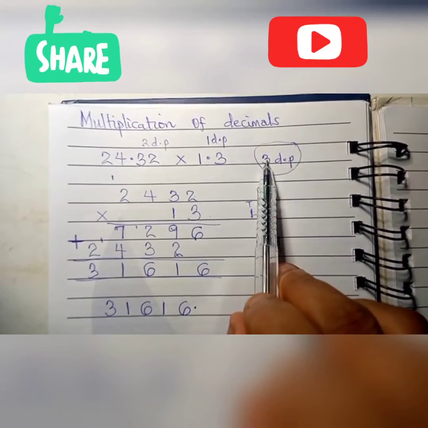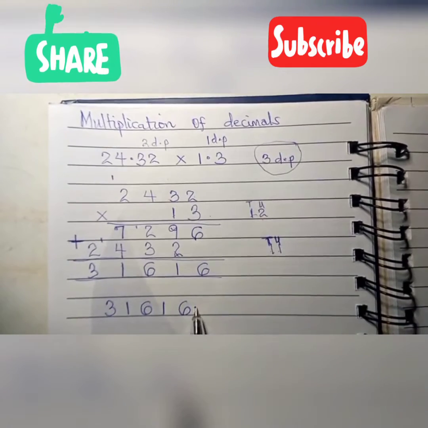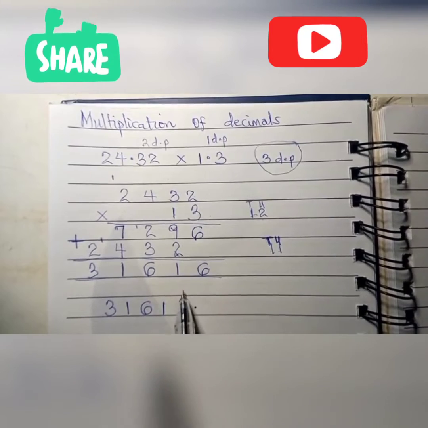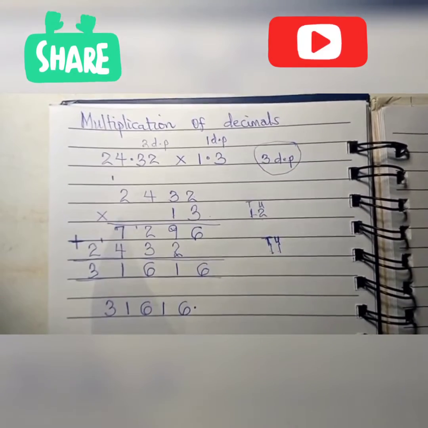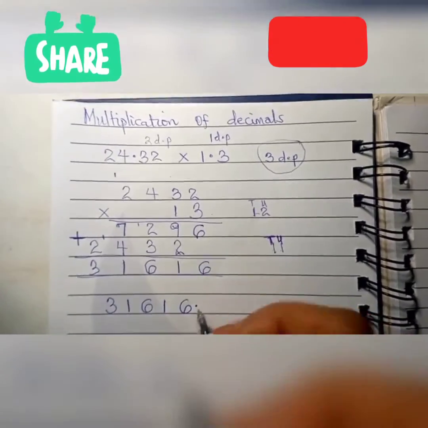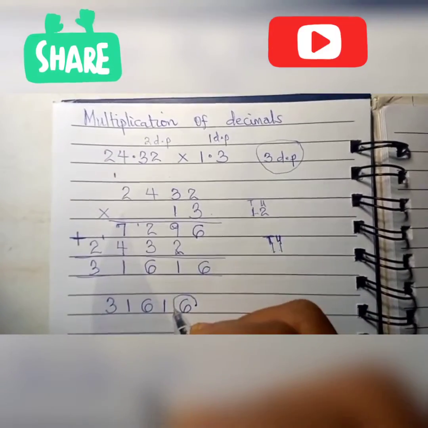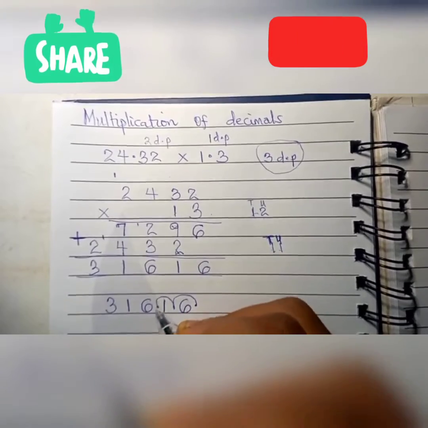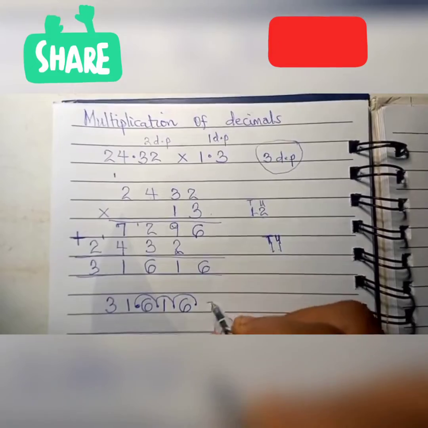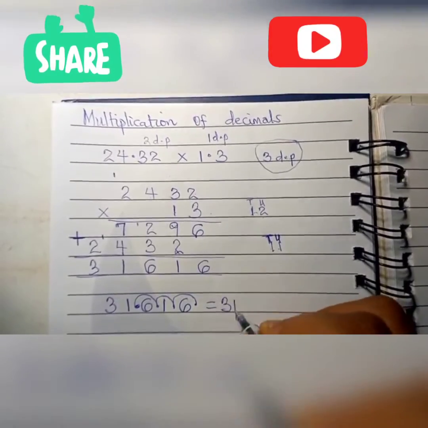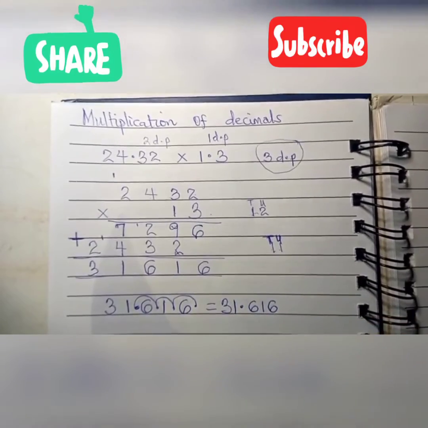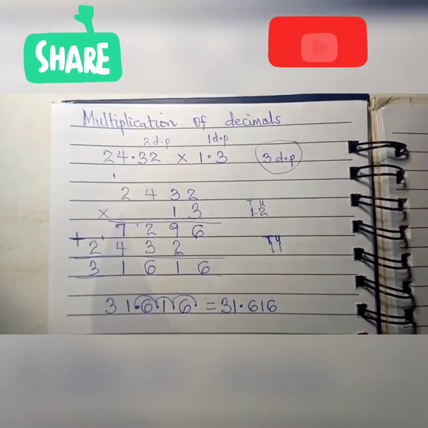And remember, it is 3 decimal places. So we start counting from the back. We move 3 digits to the left because we have 3 here. So let's go. 1, 2, and 3. Yes. So our final answer is 31.616.